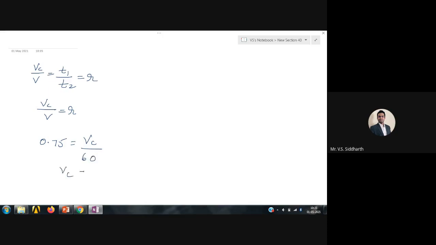So Vc will be 60 into 0.75. How much is 60 into 0.75? 45 meters per minute. This is the chip velocity.